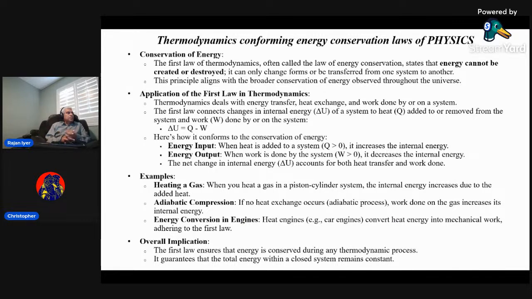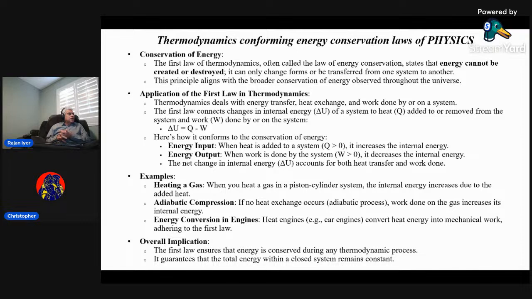The first one was thermodynamics. That talks about conforming energy conservation laws. The very first law says that energy cannot be created or destroyed. It can only change forms or transfer from one system to another. So that formed the fundamental basis of all of the sciences, especially physics and chemistry, because that helps to predict things.